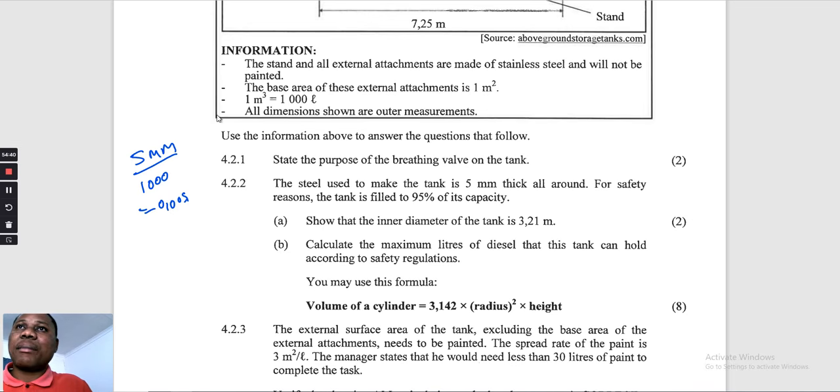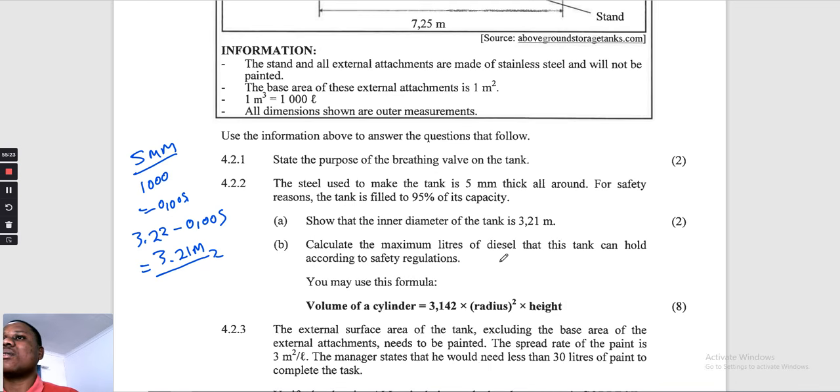We take our diameter, which is 3,22, then we subtract the thickness, which is 0,005. 3,22 minus 0,005. That gives us 3,21 meters.